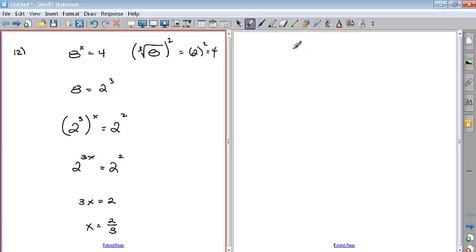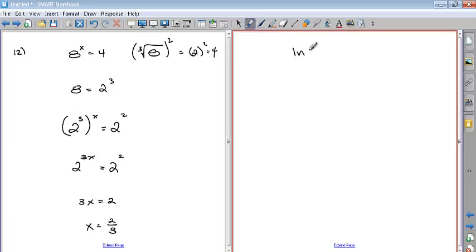Another way to do it is to take the natural log of both sides. So you'd have the natural log of 8 to the x power is equal to the natural log of 4. Then you use the properties of logarithms to take the exponent out, and you can solve for x, which would be the natural log of 4 divided by the natural log of 8.